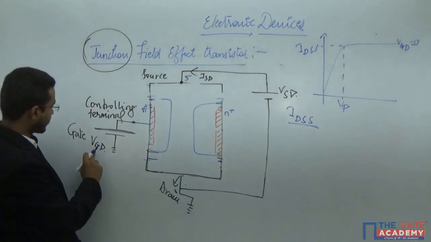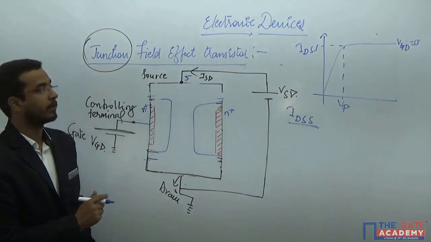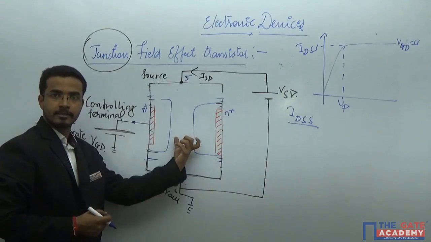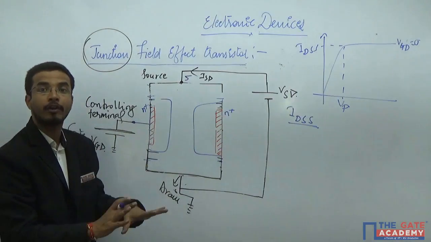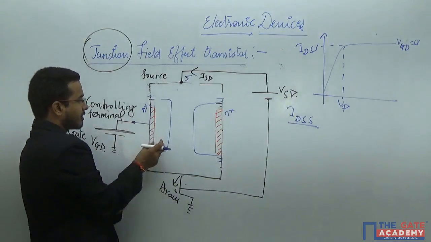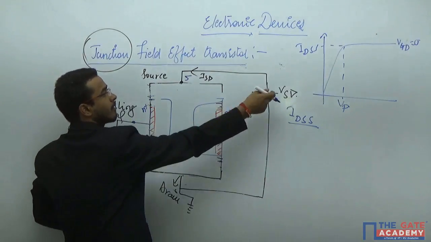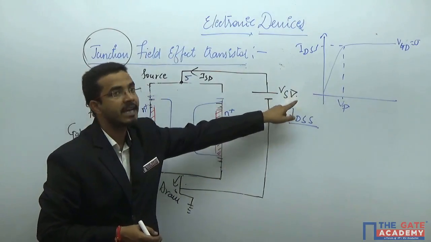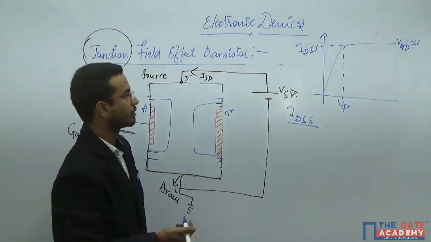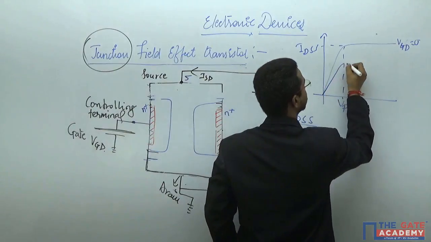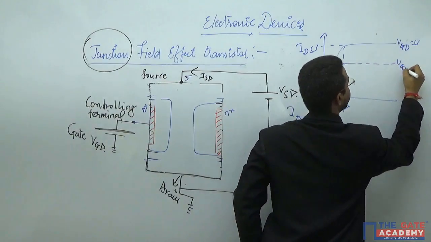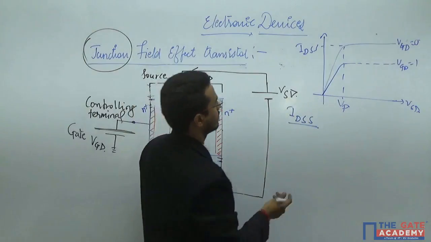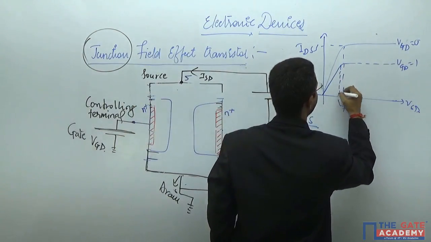Now, if you increase this particular VGD, what will happen? If this is not 0, then the available area will decrease and you will get the pinch off at lower values, because some of the depletion region will be decided by this and some by this. That means for a lower value of the VSD, you will get the pinch off. So that case will be something like this. VGD is equal to 1 volt, and the pinch off for this will be somewhere here.